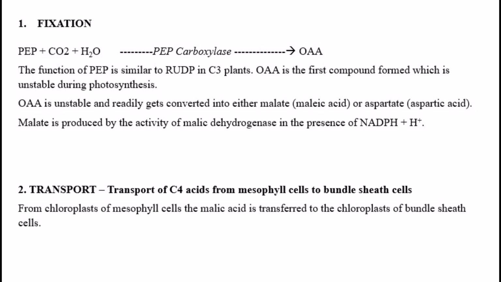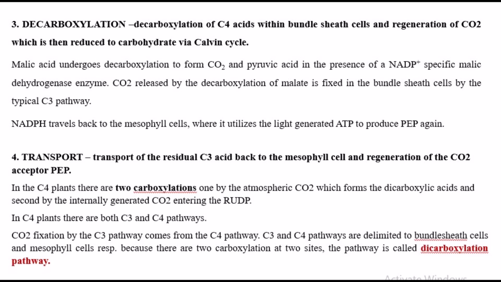In the third step, that is decarboxylation, the malic acid, which is now in the bundle sheath cells, will undergo decarboxylation to release carbon dioxide and give rise to pyruvic acid in the presence of NADP plus and the enzyme malic enzyme.